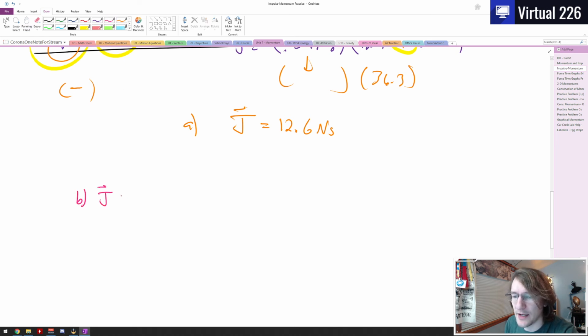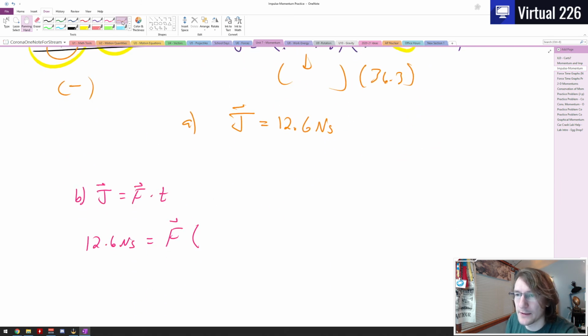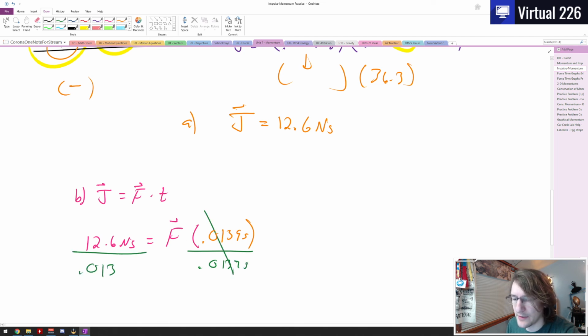So let's do that for part B. Like I stated, the impulse is equal to an average force multiplied by some time. Our impulse is 12.6 newton seconds. This equals F multiplied by the time, 0.0139 seconds. If we quickly solve this, we divide by the 0.0139 seconds on each side, and the seconds go away, which is nice.